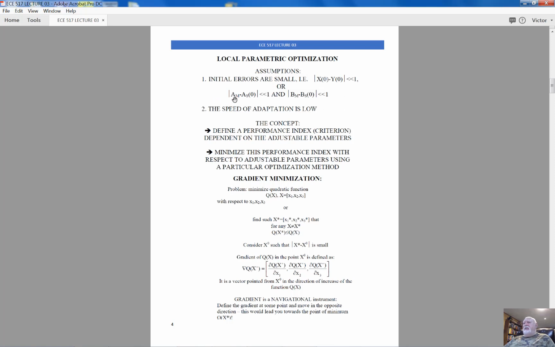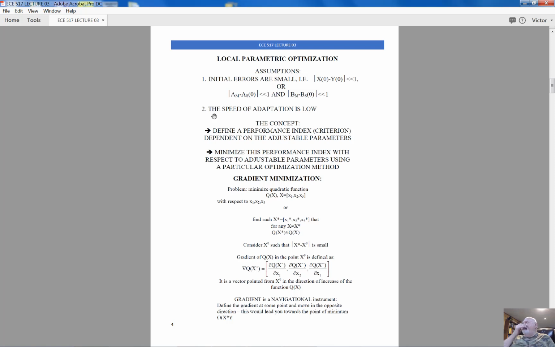In the case of parameter estimation, the initial discrepancy between matrix A of the reference model and matrix A of the adjustable system is small, and the same is true about matrix B of the reference model and matrix B of the adjustable system.